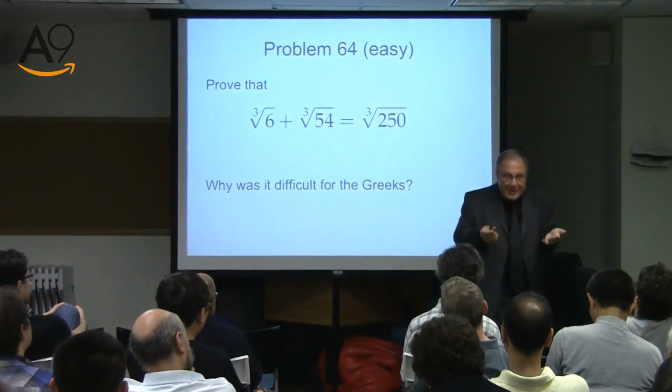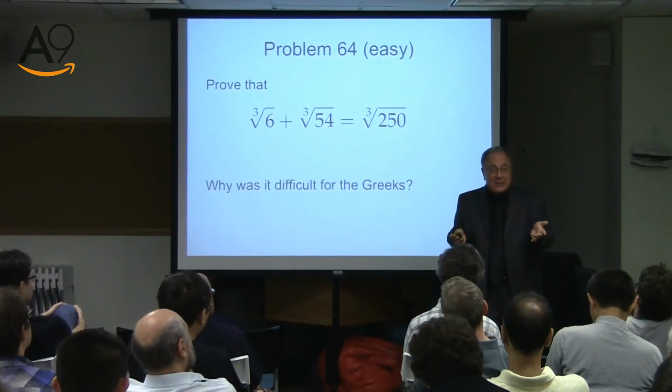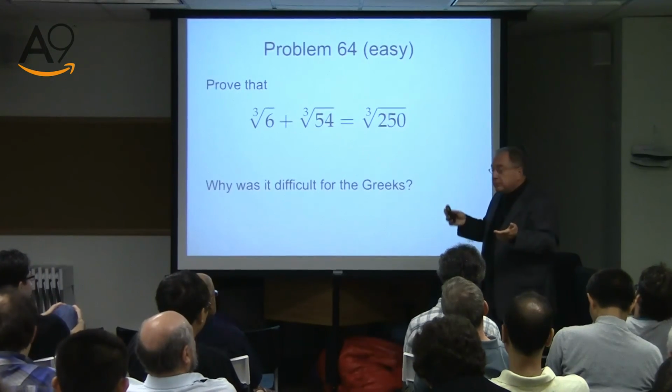They could do that. So they had terminating computation with ruler and compass. But cube roots they couldn't do. There's just no way to do them. And now we know that they were right. There is no way of doing it. So it was a somewhat difficult issue.